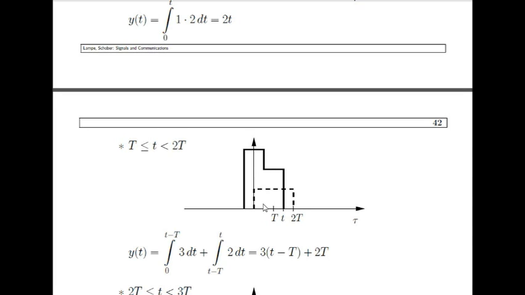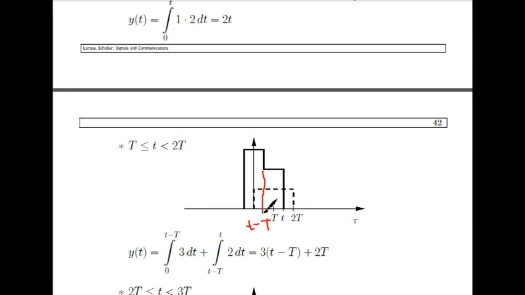The t minus T is this point. So from 0 to t minus capital T it is 3, and from t minus capital T to small t it is 2.